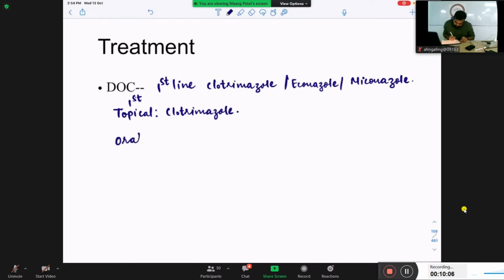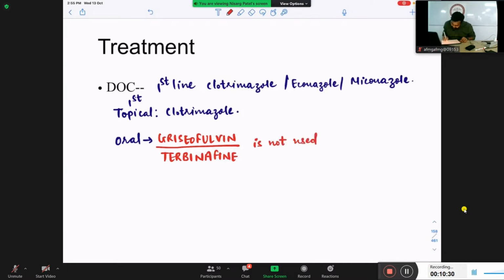Oral, what is not used? Griseofulvin and terbinafine are not used.